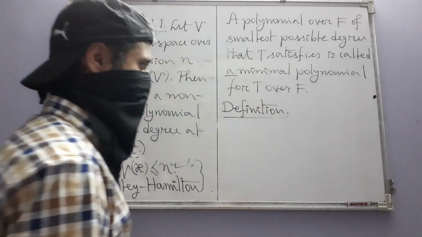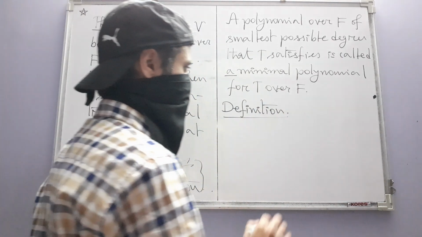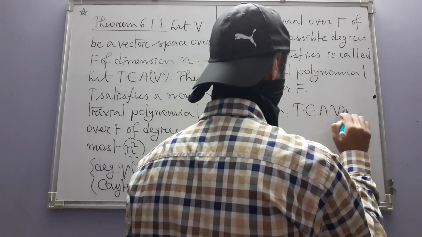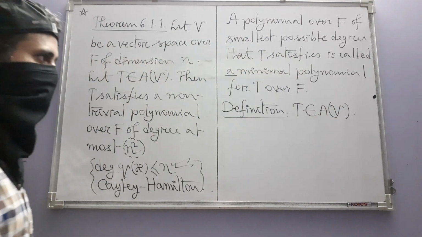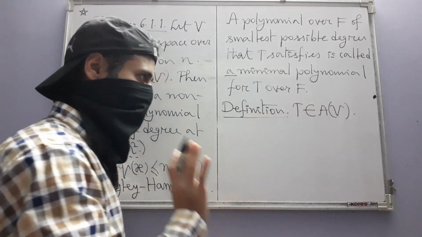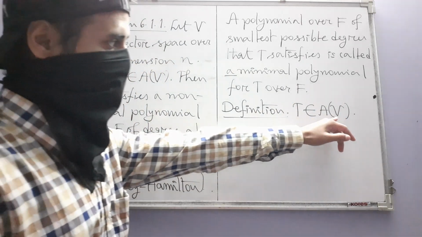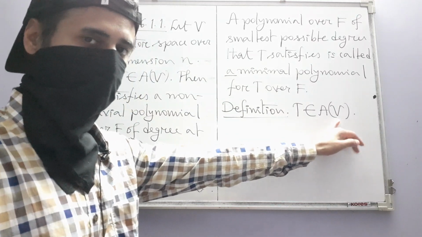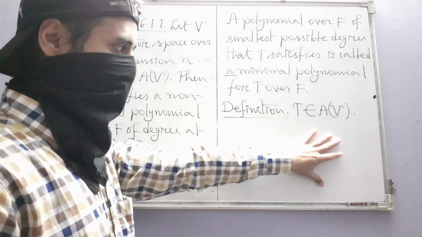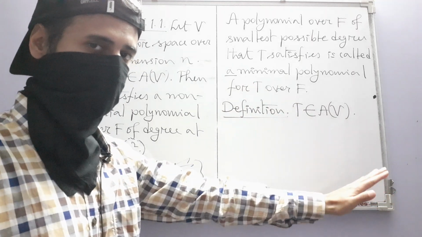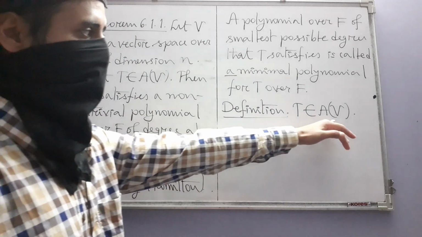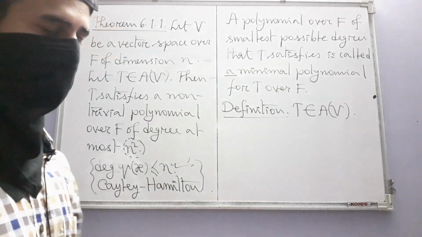Next definition. Suppose T is any element in our algebra A(V), and let me also mention that here V need not be finite dimensional. V is any vector space. At least in this definition, V is any vector space, although the results that we will see ultimately will need finite dimension, but the definition can be made in any vector space and the resulting algebra of operators.